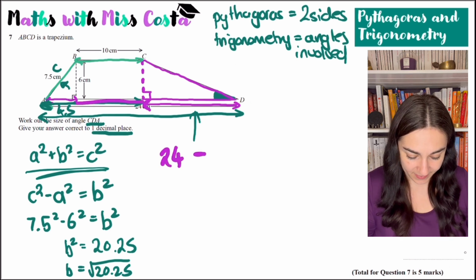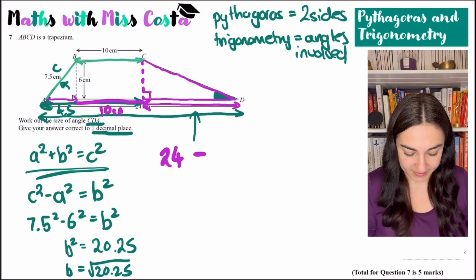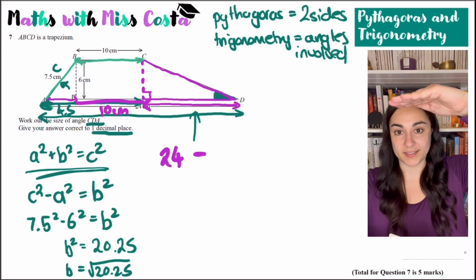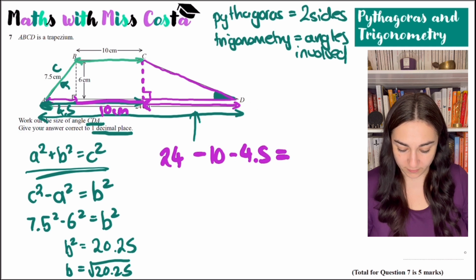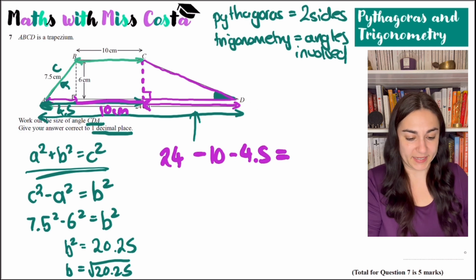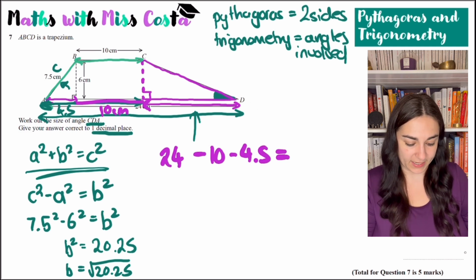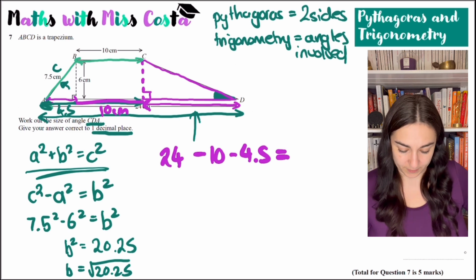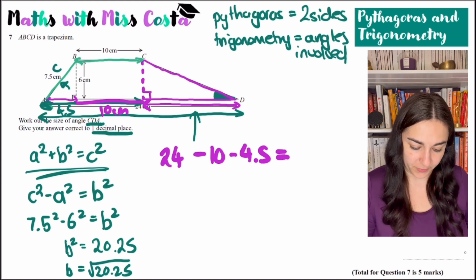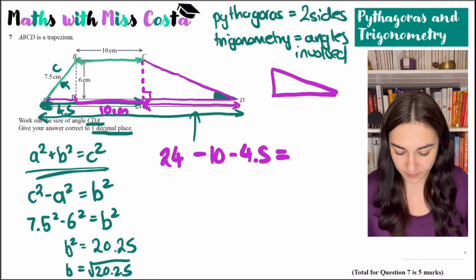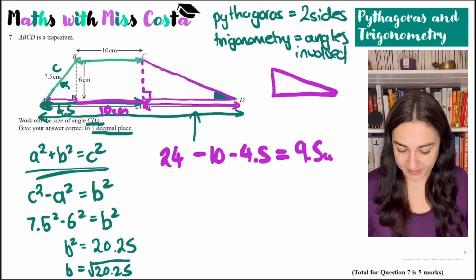I know that this length here must be 10 centimetres because it's equivalent to its upper part. So 24 take away 10 take away 4.5 is going to give me the missing length that I need. And 24 take away 10 take away 4.5 gives me 9.5. So I know that this little bit of my triangle that I'm trying to work out is 9.5 centimetres.